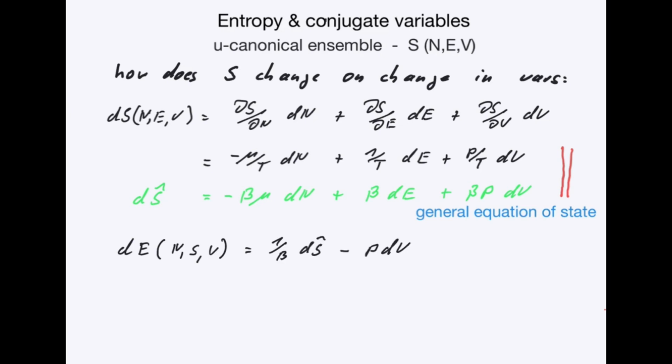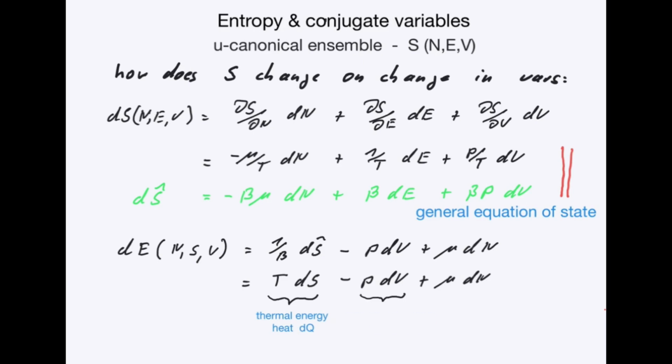It is given by the sum of three terms, where the first term describes the thermal energy, heat, that is applied to the system. The second is the mechanical work applied to the system. And the third is some chemical energy.